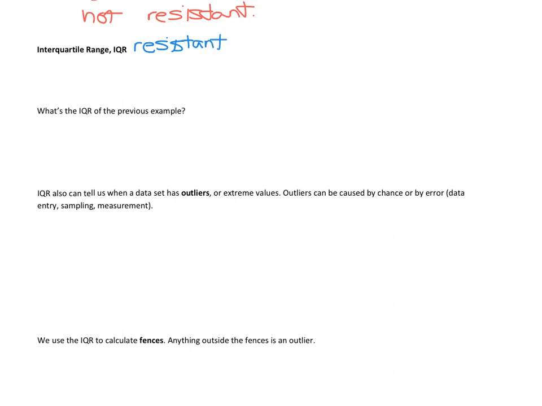All right, and what the IQR is, not the formula, but what it is, it's exactly the range of the middle 50% of your data. Okay, and so the range of the middle 50%, well, we know the range is a difference.